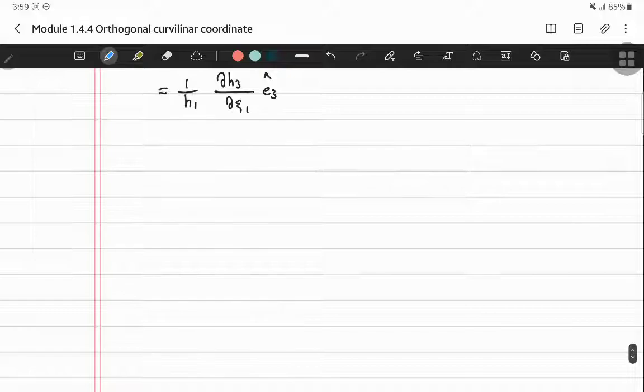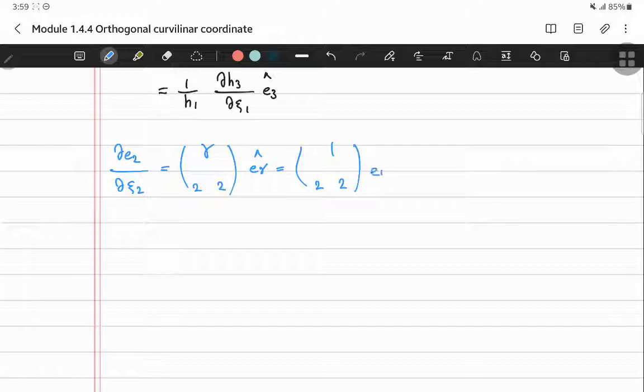So let's switch color. We have partial derivative of e2 with respect to z2, which is gamma 2 2 e gamma. So we have 1 2 2 e1 plus 2 2 2 e2 plus 3 2 2 e3.